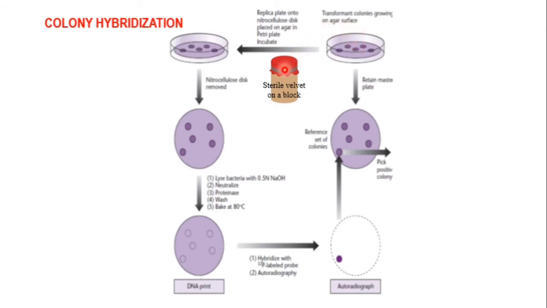Using this, we press in this direction, and the colonies, the DNA of these colonies, will be transferred onto a nitrocellulose membrane placed in a petri plate.